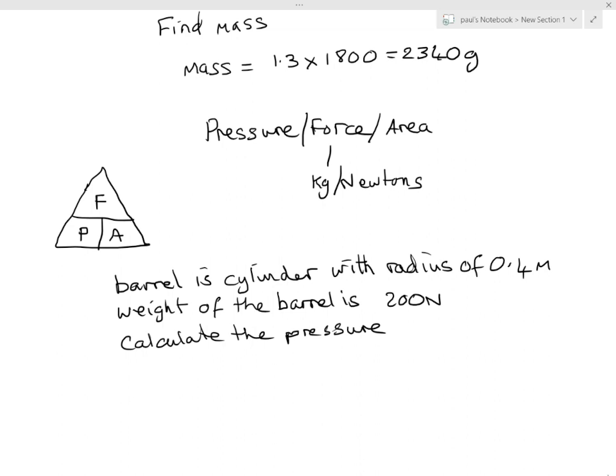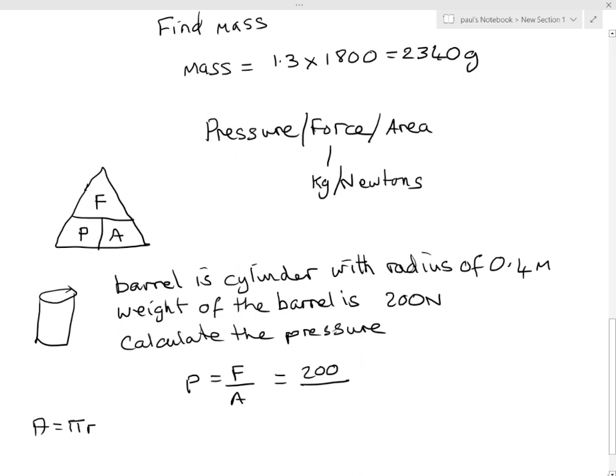So pressure, P. So P equals F divided by A. So the force is 200, the area. We've got to work out the area now. Area of a circle, because the barrel is this shape. Area of a circle is pi r squared, which is, I'll call it 3.14 times the radius, 0.4 squared.